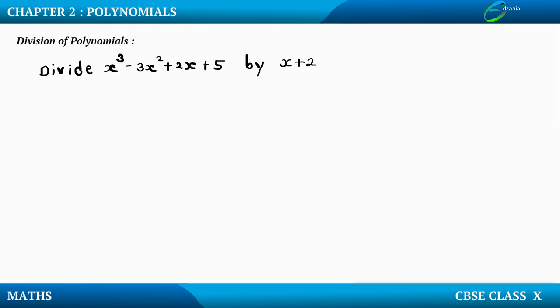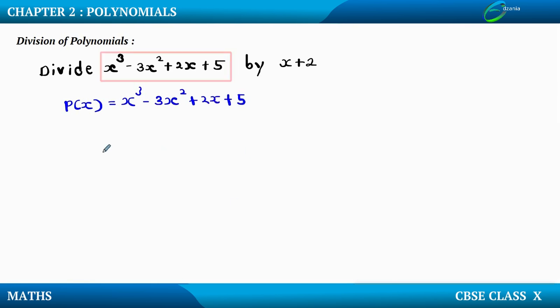So this part, that is x cube minus 3x square plus 2x plus 5, is going to be our p of x, and x plus 2 is going to be our g of x. So my p of x is going to be x cube minus 3x square plus 2x plus 5.